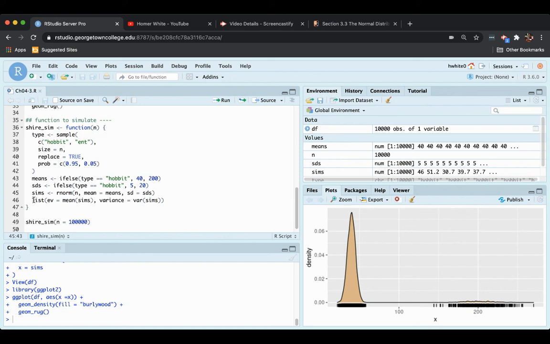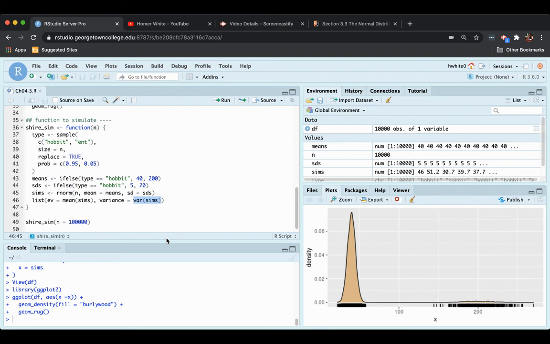And then I'm going to return two numbers. I want to return the mean of those simulations, because that would give approximately the expected value of the random variable. And there's another function here called var that computes something called the sample variance of a list of numbers.